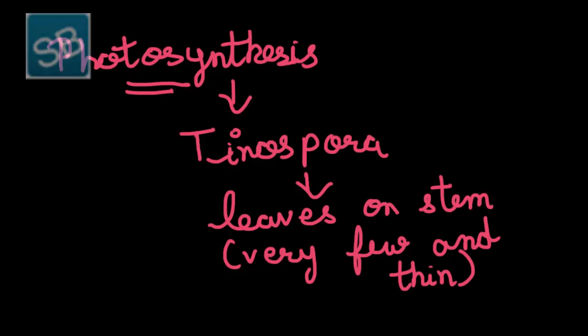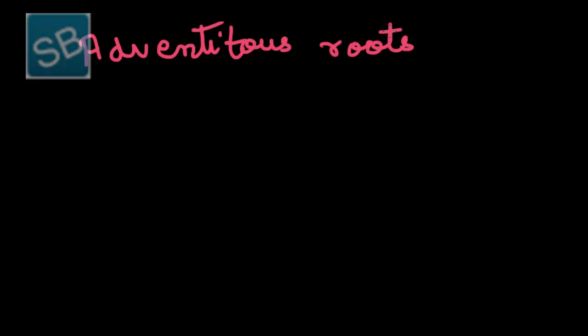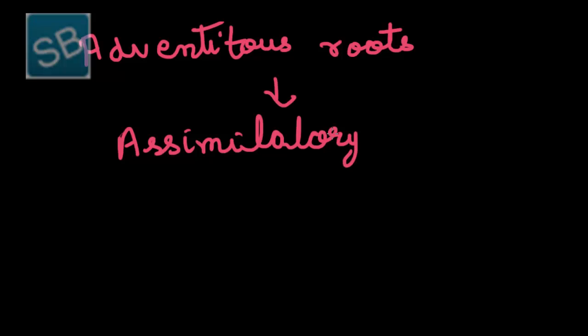Here, thin, smooth and green adventitious roots develop from the suspended stem. These roots are known as assimilatory roots, which are specialized to carry out photosynthesis and fulfill the food requirement of the plant.